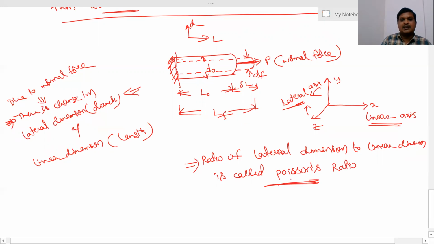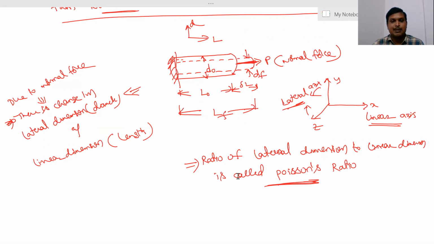Poisson is a scientist's name. Poisson observed that when a normal force is applied on any bar or member, there is a change in the lateral dimension and the linear dimension also.